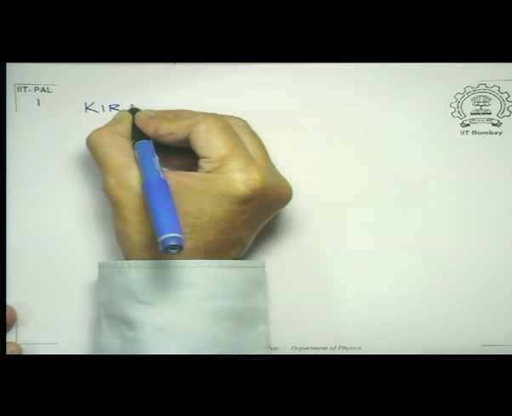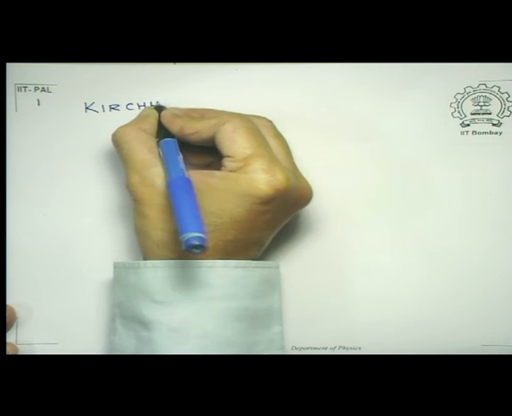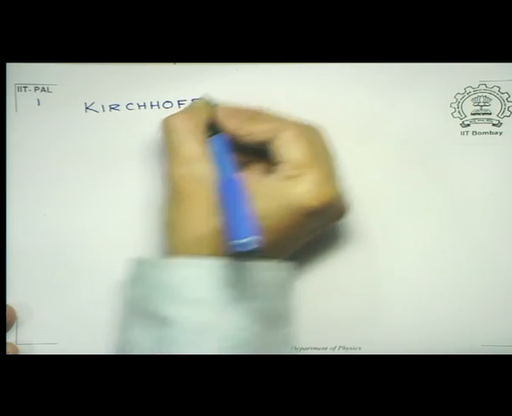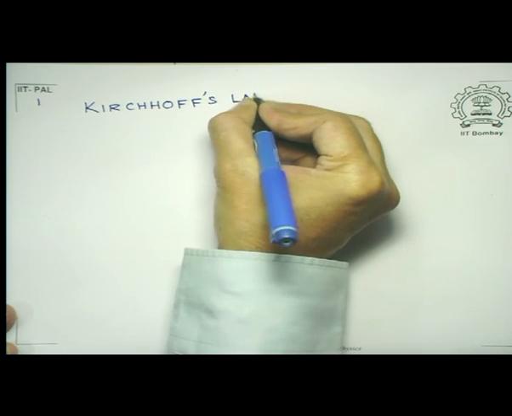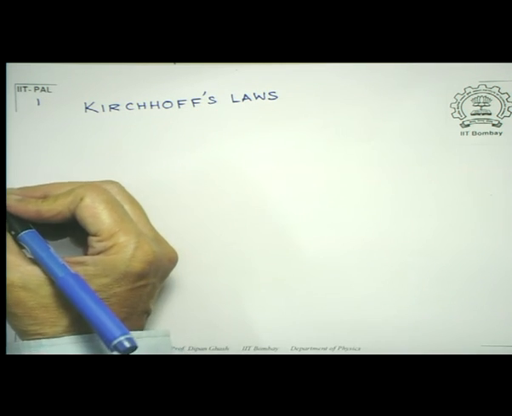Towards the end of the last lecture, I had started talking about what are known as Kirchhoff's laws. Basically, before we did that, what we realized is there are several combinations of resistances which can be reduced to series or parallel combination, just the way we did it for the capacitors.